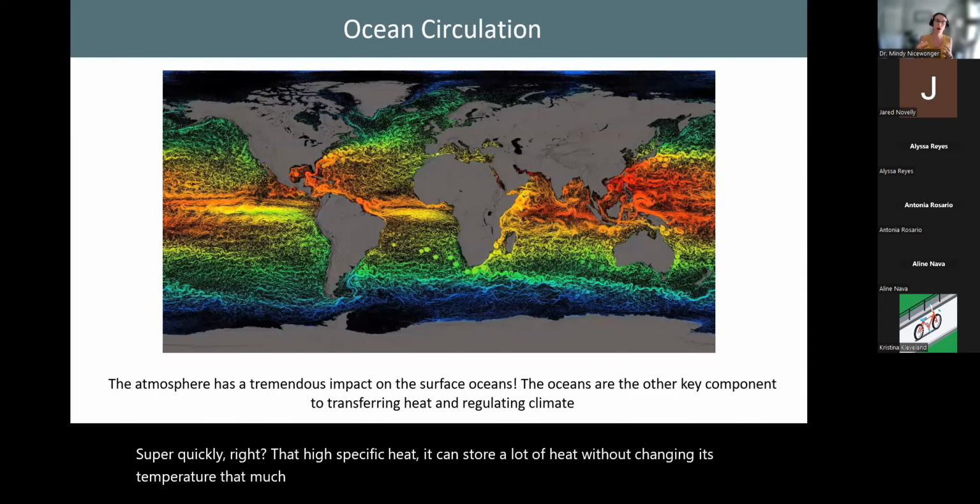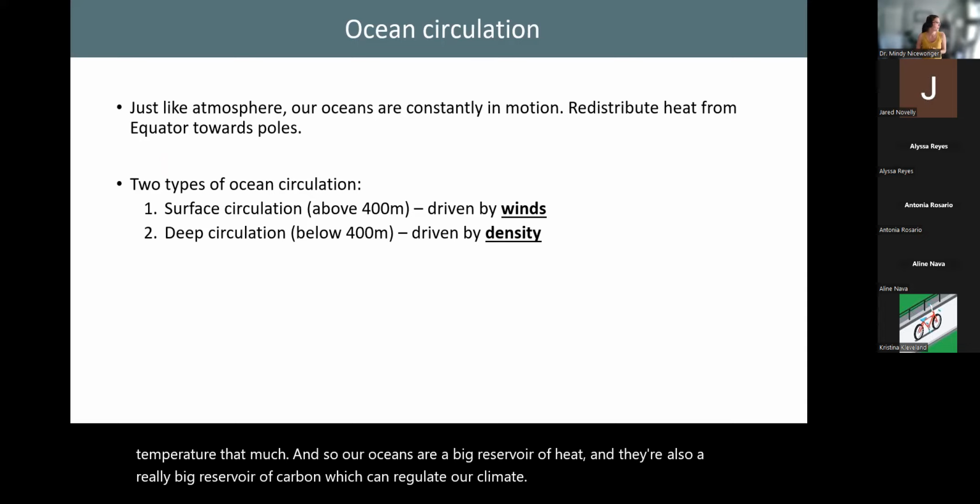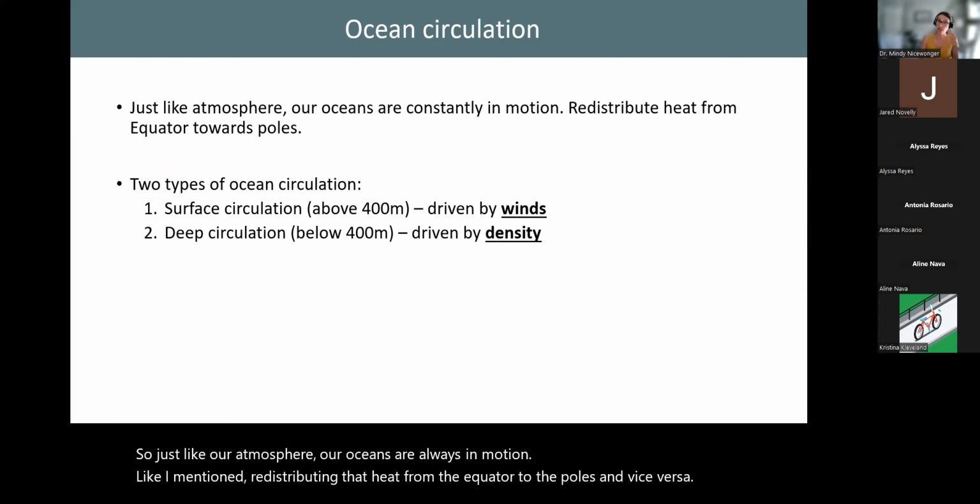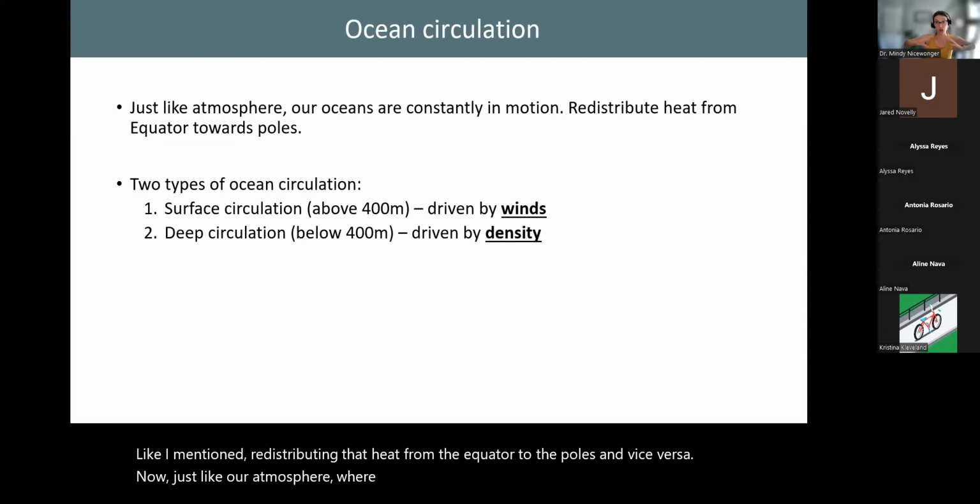And so our oceans are a big reservoir of heat, and they're also a really big reservoir of carbon, which can regulate our climate. So just like our atmosphere, our oceans are always in motion, redistributing that heat from the equator to the poles and vice versa. Just like our atmosphere, where we have surface circulation and high-up circulation, we have similar separations in our ocean.